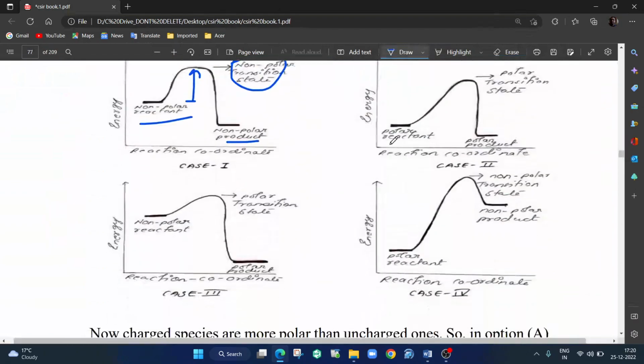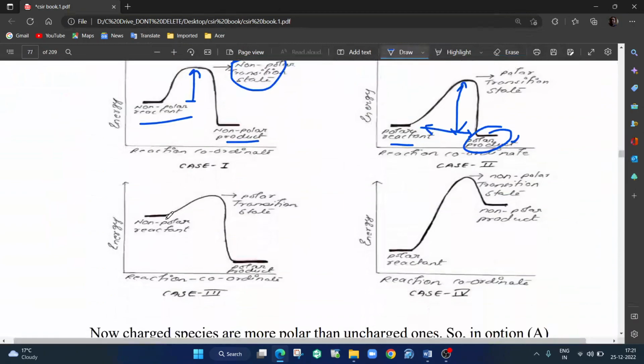Now when your reactant is also polar and product is also polar, again you are getting stability. That's why this reaction is occurring. You are having a little low, but of course this transition state will still be high because nothing much is happening. As much as the solvent was stabilizing the reactant, that much it is stabilizing the product also. So it doesn't affect the transition state energy much.